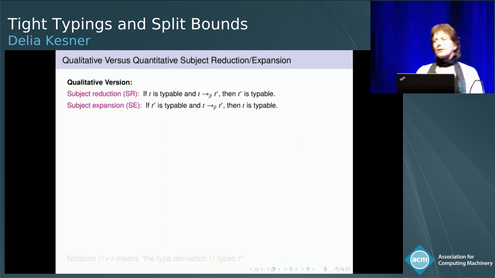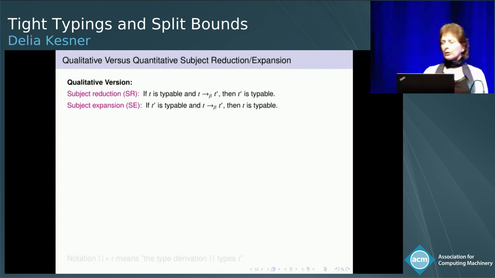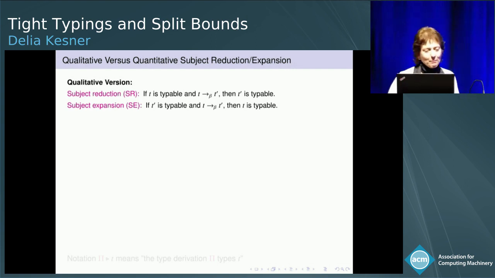Well, now let's understand what is the difference between the qualitative properties that we have in the idempotent world with respect to the quantitative properties that we can get in the non-idempotent world. So typically in intersection type theory, you can not only show subject reduction, which is a property that you usually have in almost all respectable typing systems, but you also have subject expansion.